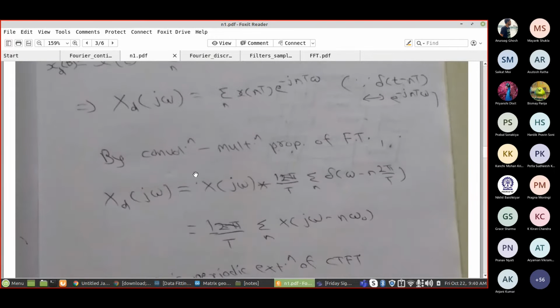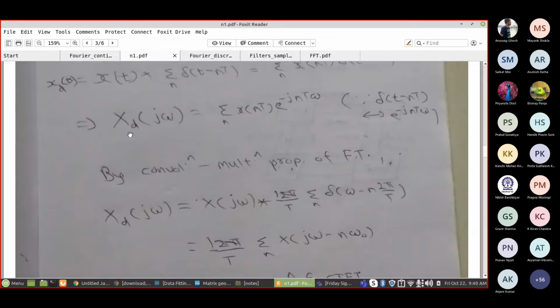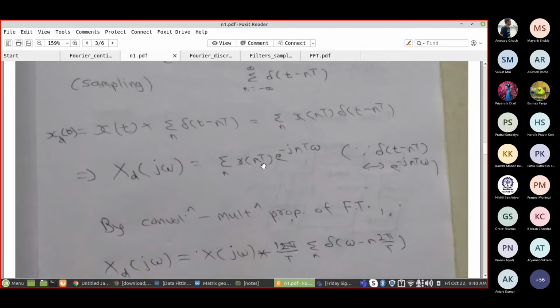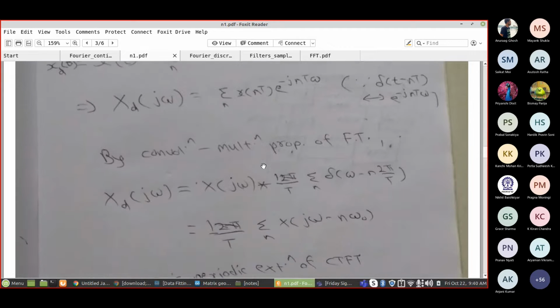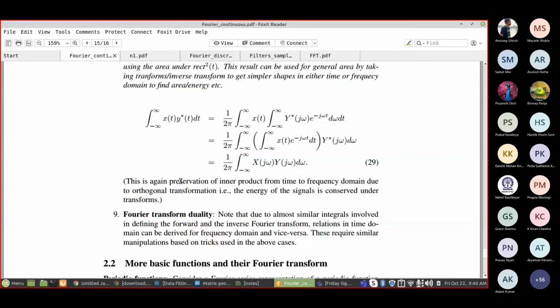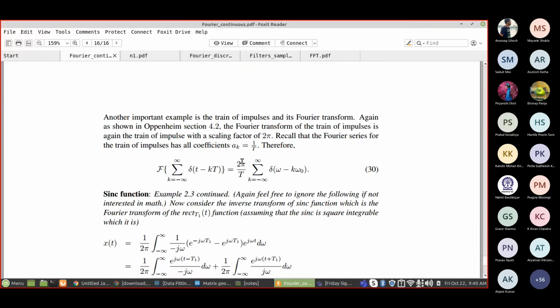So by that property, x d of j omega is the convolution of x of j omega with the Fourier transform of the Dirac delta functions, which is 2 pi over T times the shifted impulses.